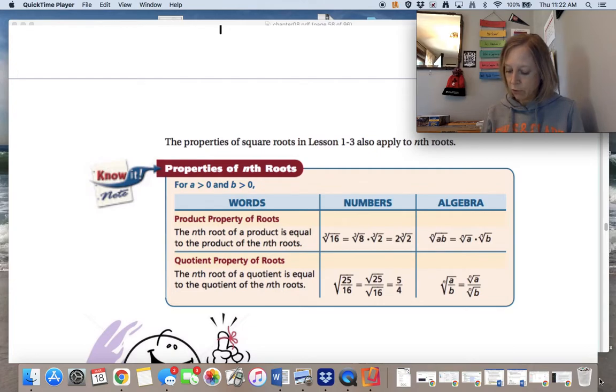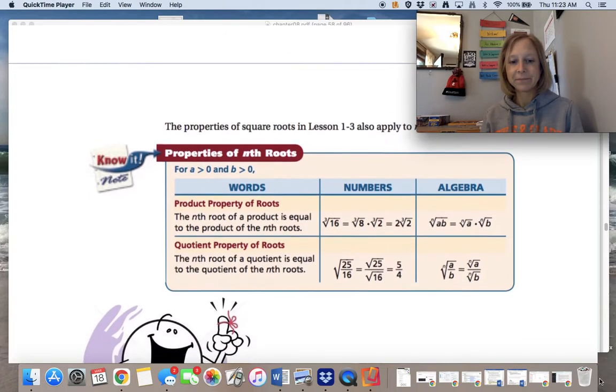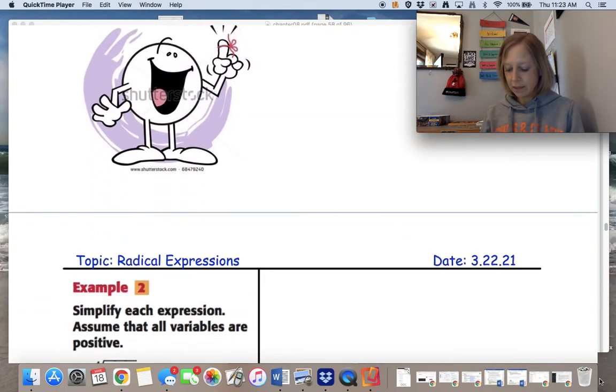So if I have the cube root of 16, I can get it in its simplest radical form by breaking it down into what are perfect cubes I can factor out. The quotient property, okay, just like we learned before, if you have the square root or a cube root or a 4th root of a fraction, you can then just take that root of the numerator and the denominator separately in order to be able to simplify it. Let's try a couple of these together.